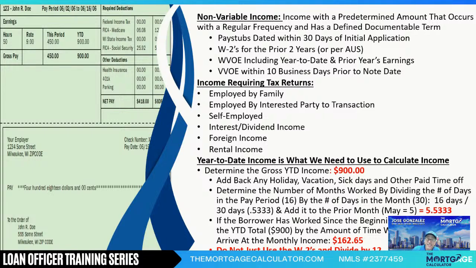So we take the 16 days and divide it by 30 days, because there's 30 days in June, and that gives us 0.5333, and it's actually 0.533 repeating into infinity. So I just cut it off at the fourth decimal point there, and then you get June.